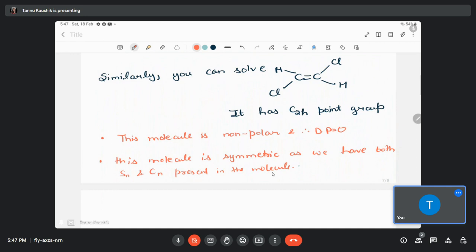Therefore, this molecule is optically inactive.